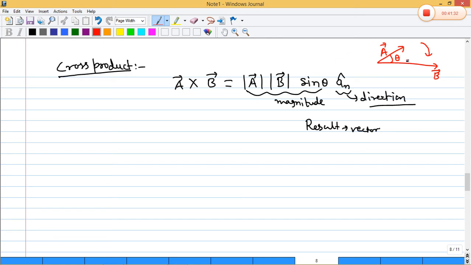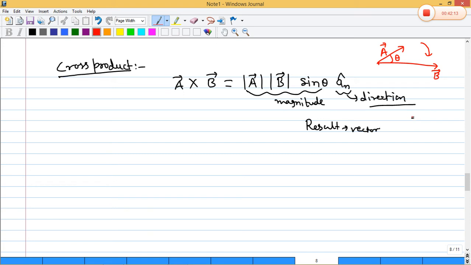Because it is A cross B, not B cross A. For A cross B, we put the palm here and curl along this direction. So our thumb will go inside. So the direction of the result will be inside, because our thumb direction is inside.